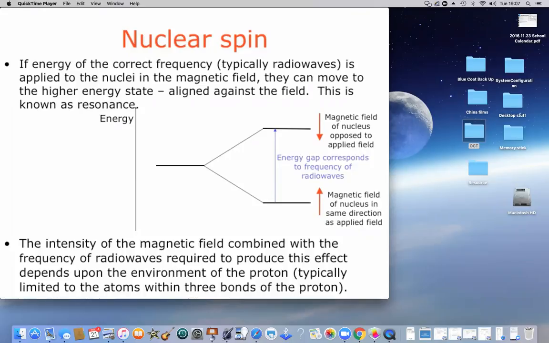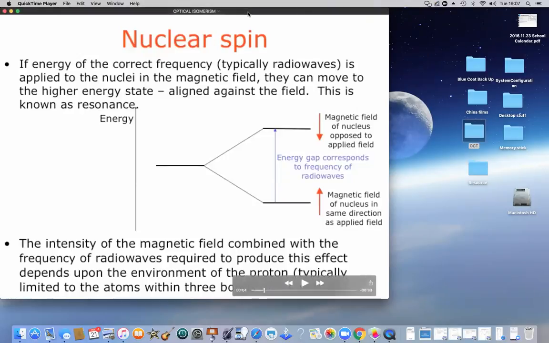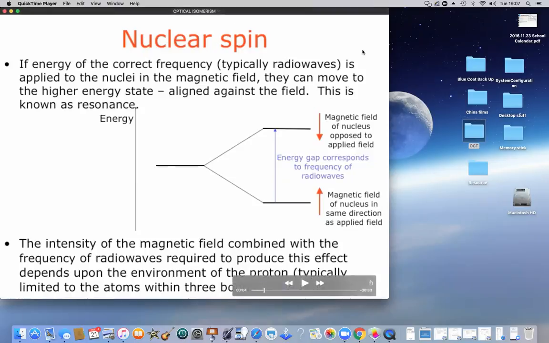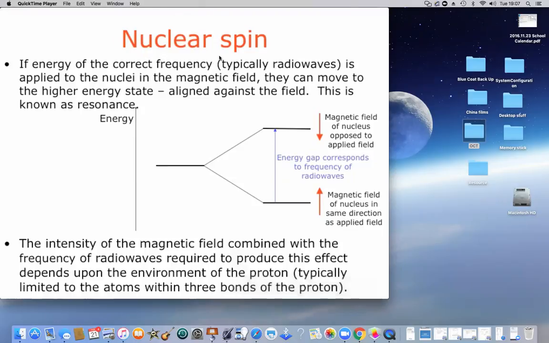So the energy required, the energy gap, the intensity of the magnetic field depends upon the environment of the proton, and that gives us information on the structure of the molecule. Okay, so on to the next slide.